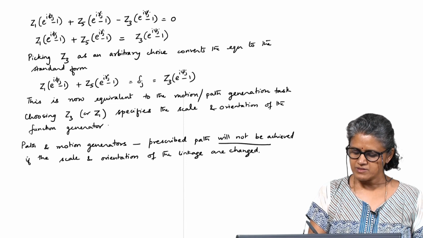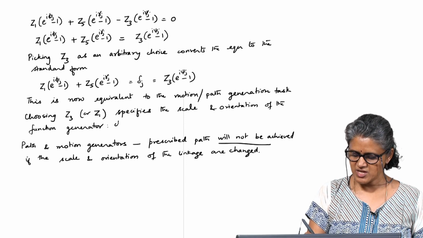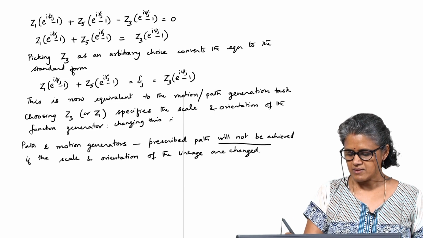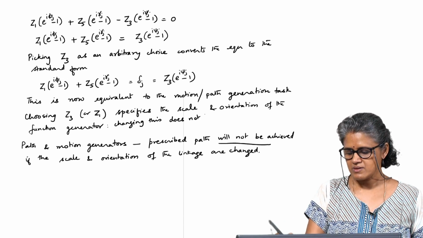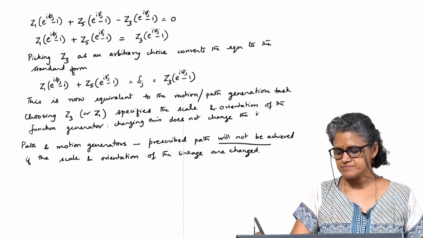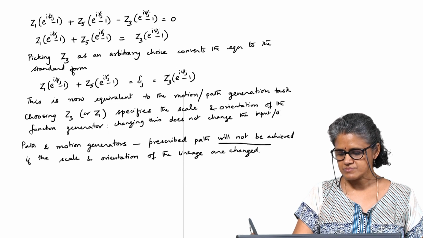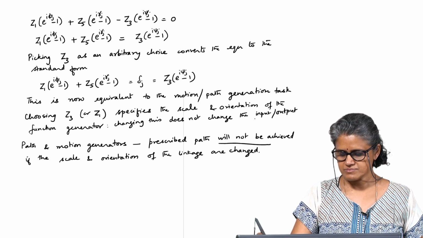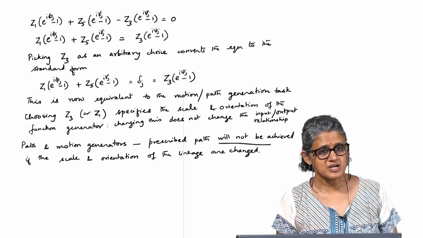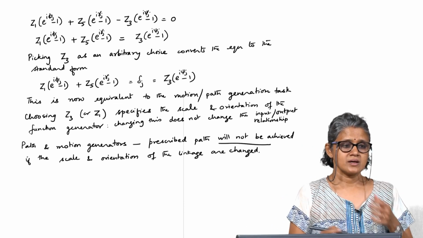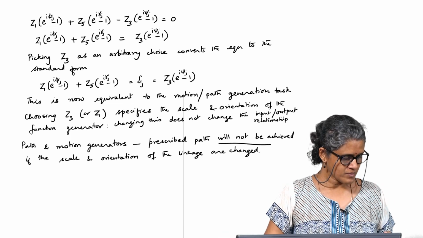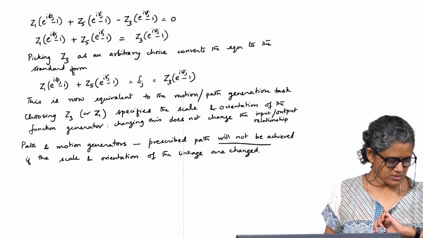Here, changing this does not change the input output relationship. So, that is an important difference between function generators and path and motion generators. Okay. So, we will stop here.